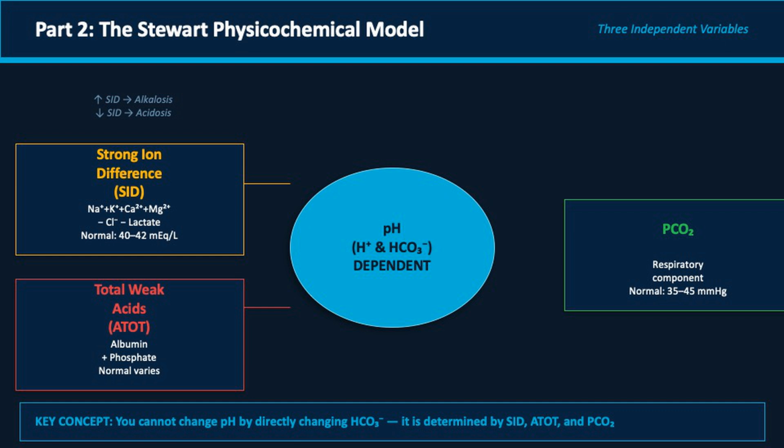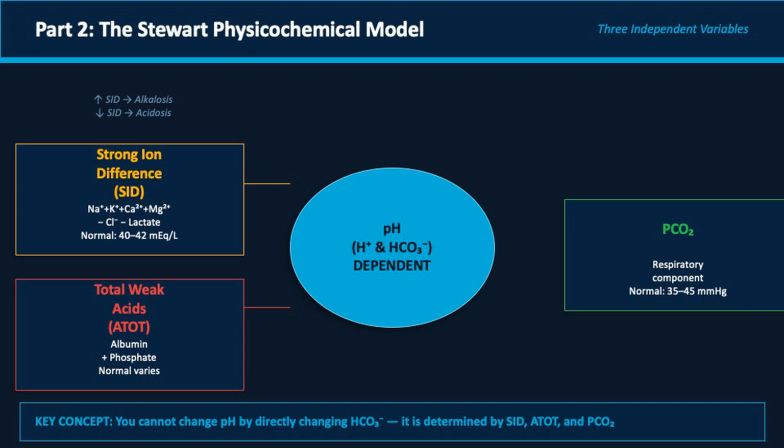Okay, let me build this model for you from scratch. Think of pH as the output. It is the result. Three things go in and pH comes out. Input number 1 is strong ion difference, SID. Strong ions are sodium, potassium, calcium, magnesium, chloride, lactate. They fully dissolve in blood.